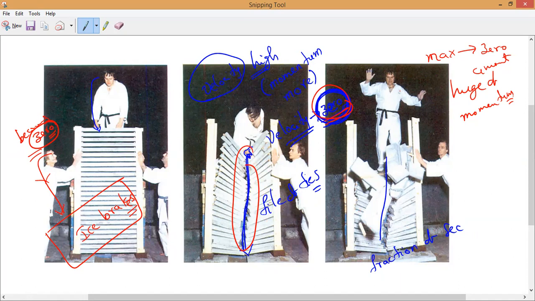Because the velocity became extremely fast and came to zero, it exerts a huge amount of momentum. That is what we can call force, sufficient to break all the tiles into two pieces. That is what you have to remember.